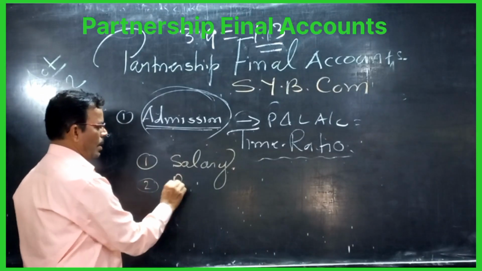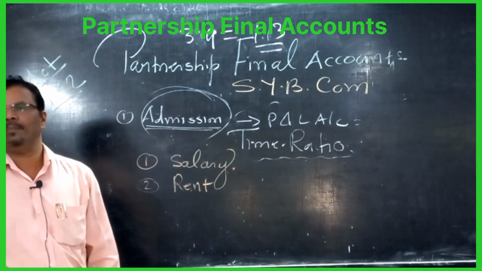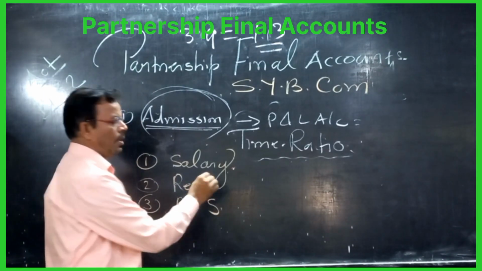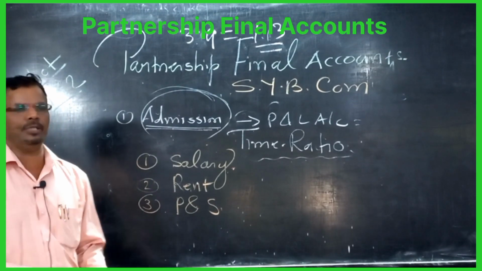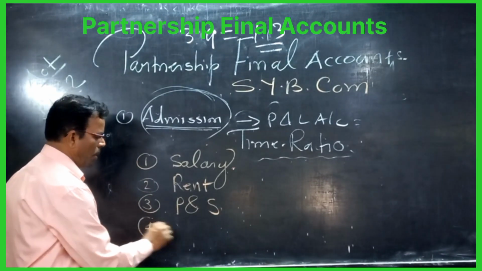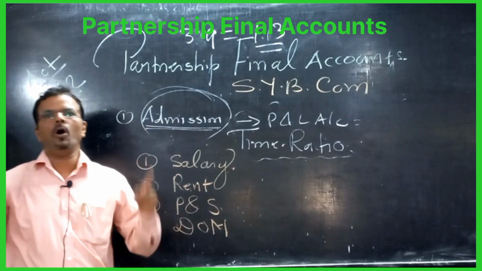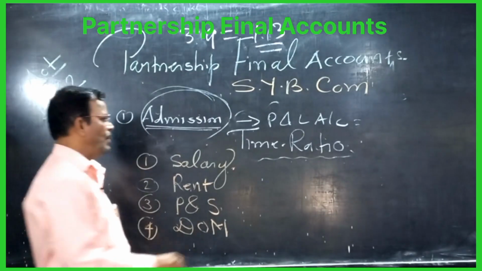Second, rent. Rent is always fixed, therefore always divided on time ratio. Third, printing and stationery is always fixed, so that is always divided on time ratio. Depreciation on machinery is always fixed, therefore divided on time ratio.